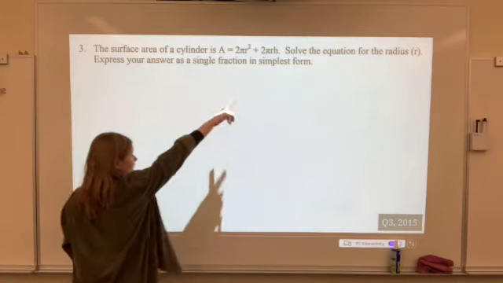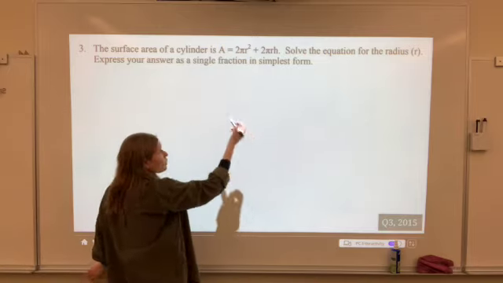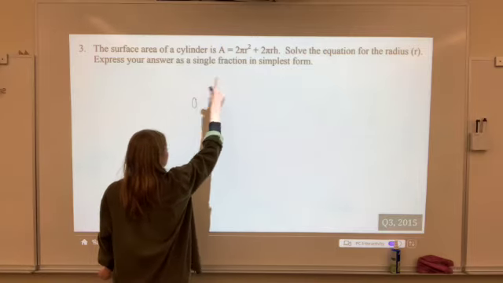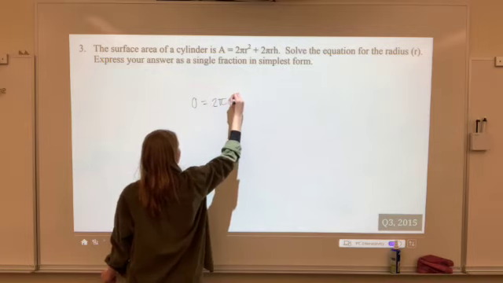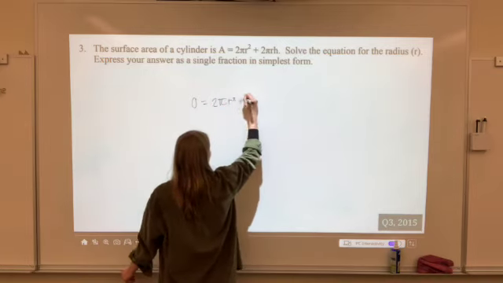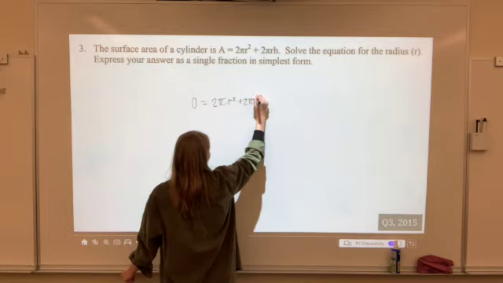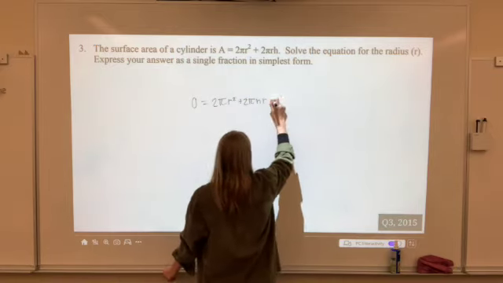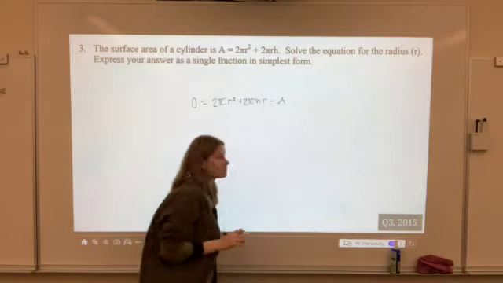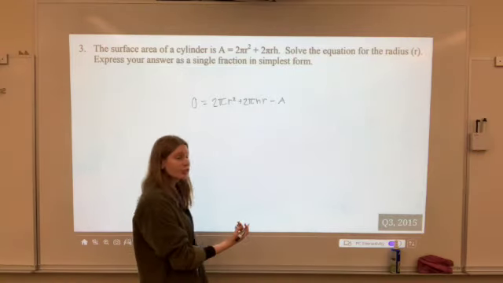So I'm going to rewrite this in standard form for a quadratic. I'm going to subtract A from both sides: 2 pi r squared plus 2 pi h r, where I'm writing the h over here because that's part of our coefficient, minus A.